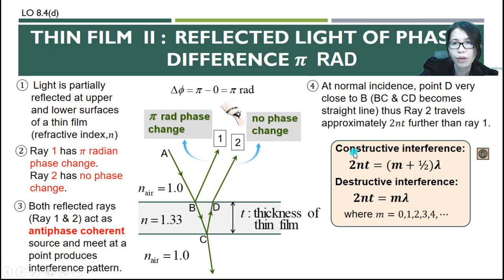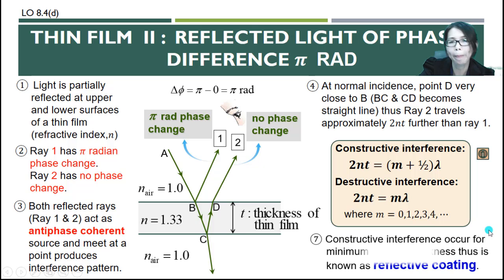So class, for constructive interference to occur, the path difference between the two reflected rays, 2nt, will equal (m plus half) lambda. And for destructive interference to occur, the path difference 2nt must equal m lambda, whereby m represents the order number.